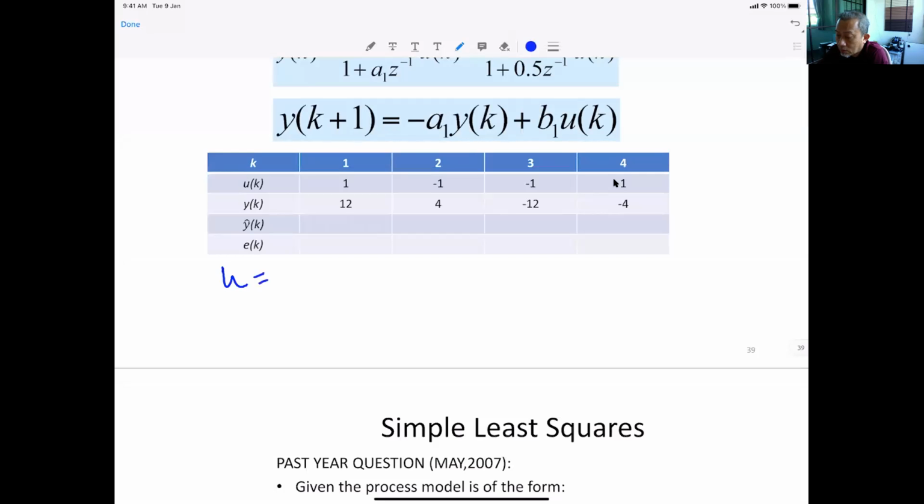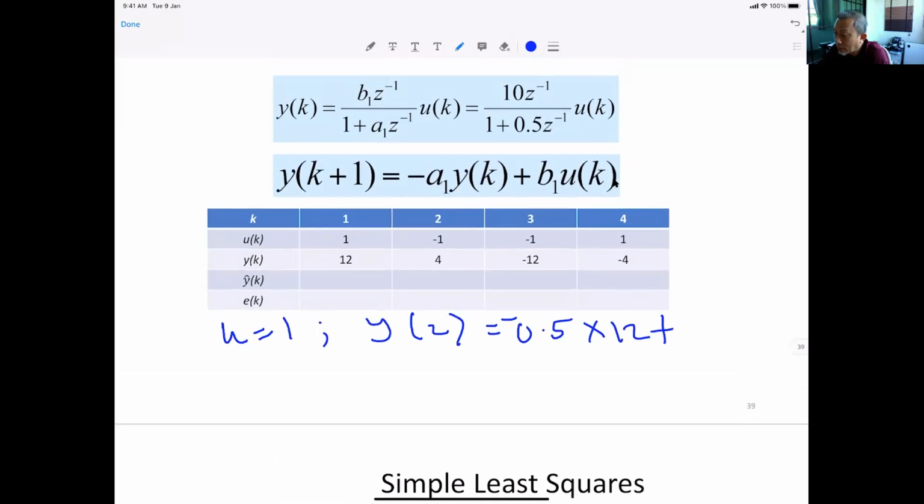If K is equal to 1, Y2 is equal to minus 0.5 A1 multiplied by YK, Y1 is 12, plus B1 is 10, multiplied by U. U1 is 1.